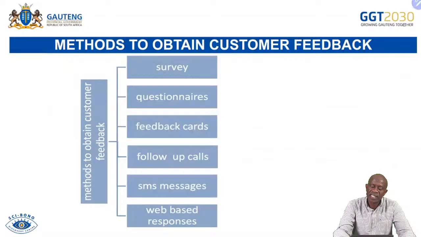Another method that can be used is that of questionnaire, followed by feedback cards, also follow-up calls, SMS messages, as well as web-based responses. These are some of the well-known methods that are used to obtain customer feedback.